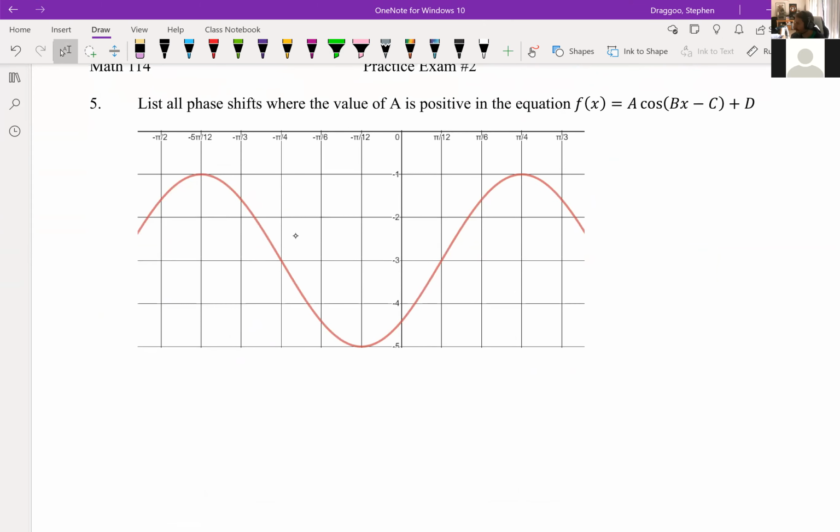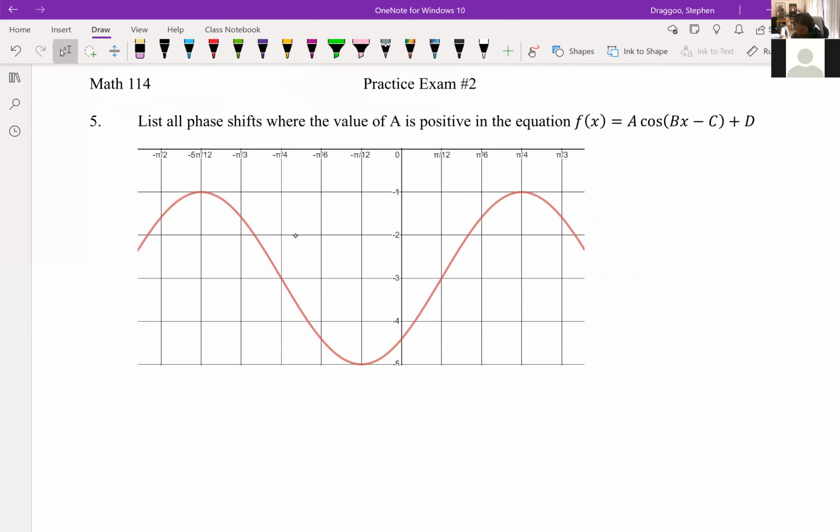Oh, hey, we kind of had this question earlier. Listing all the phase shifts where the value of A is positive in the equation A cosine bx minus c plus d.